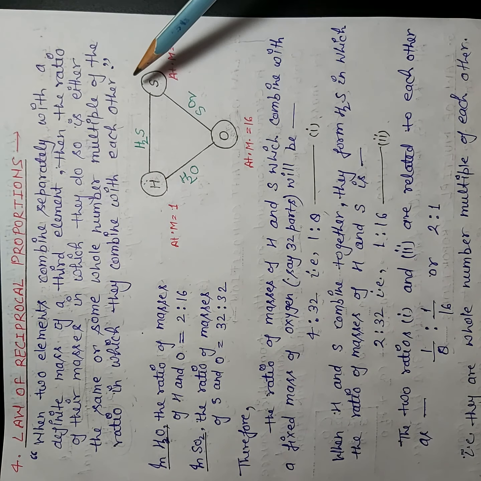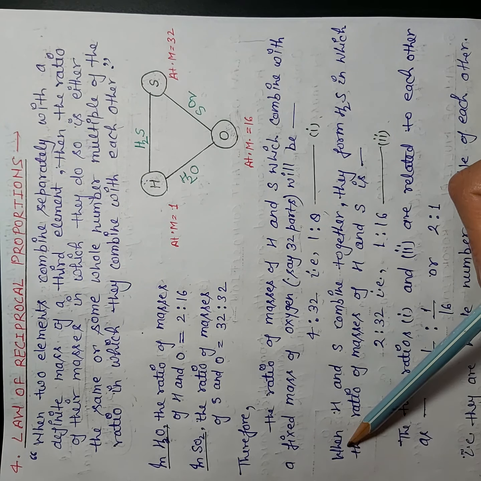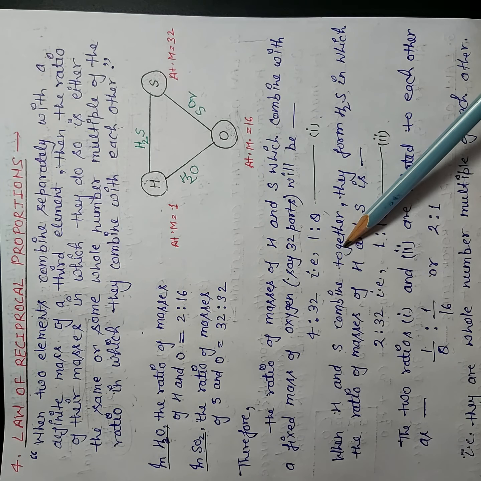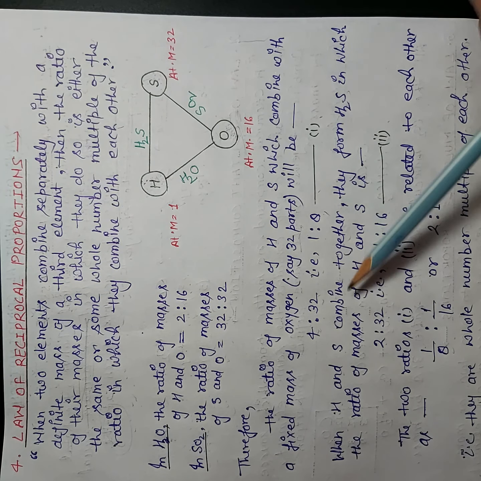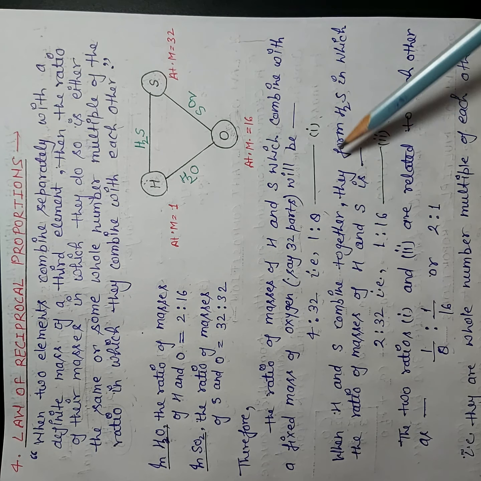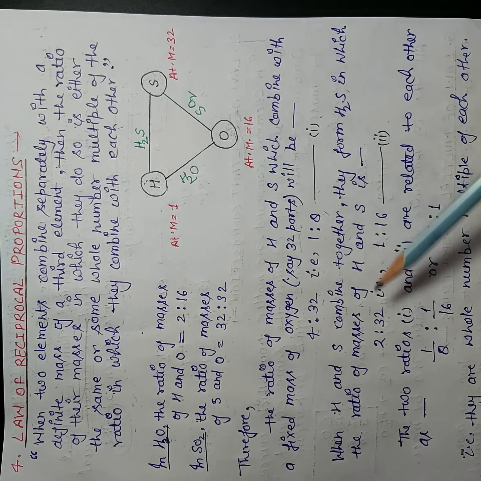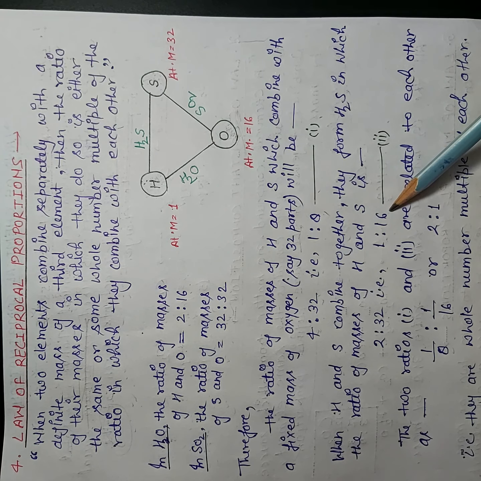When hydrogen and sulfur combine with each other, they will form H2S. In this condition, what will be the ratio of masses? H2S, 2 for hydrogen and 32 for sulfur. So 2 is to 32, that is 1 is to 16.